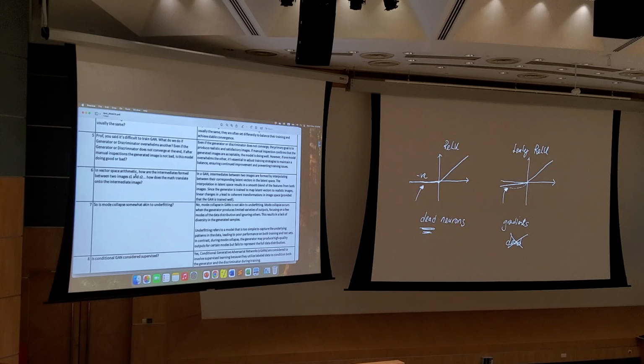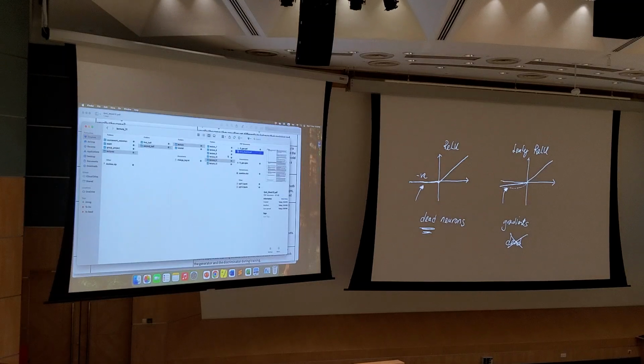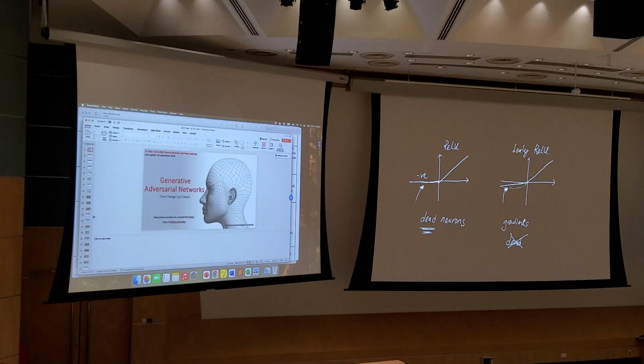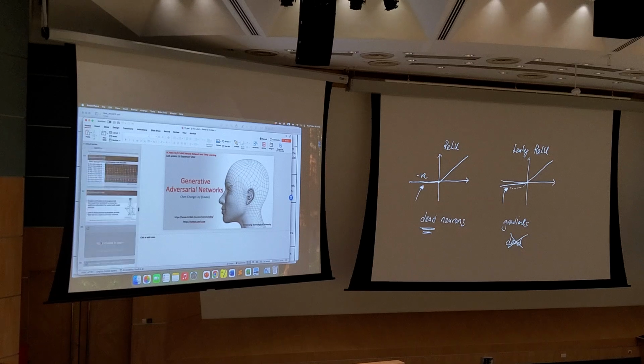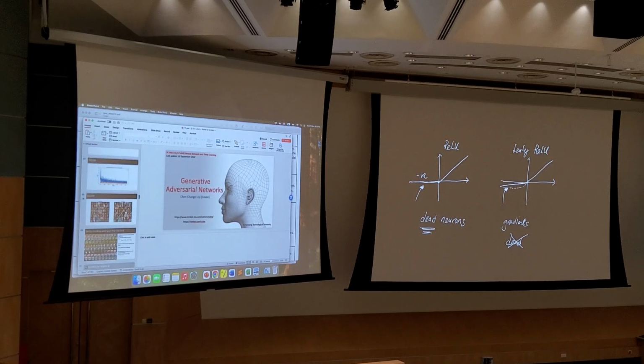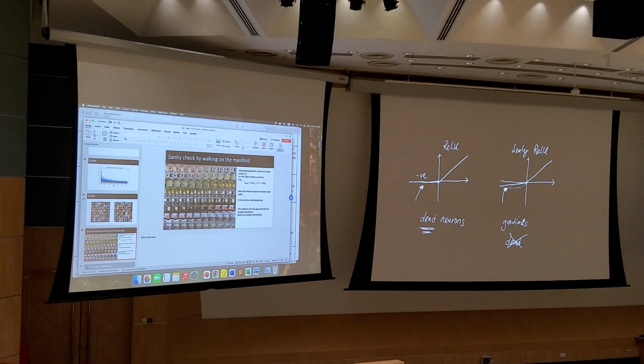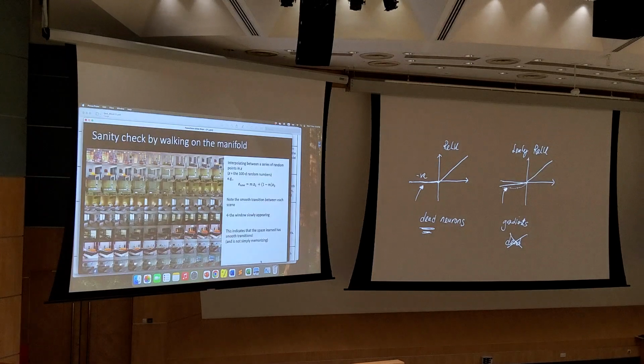Remember, let me open the slide. Remember we talked about this. We can generate a new latent by performing a linear interpolation between two different latents by using a coefficient m over here.